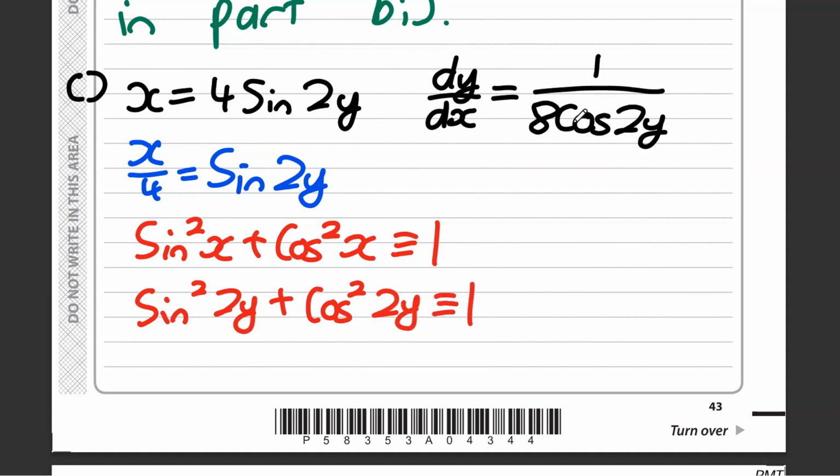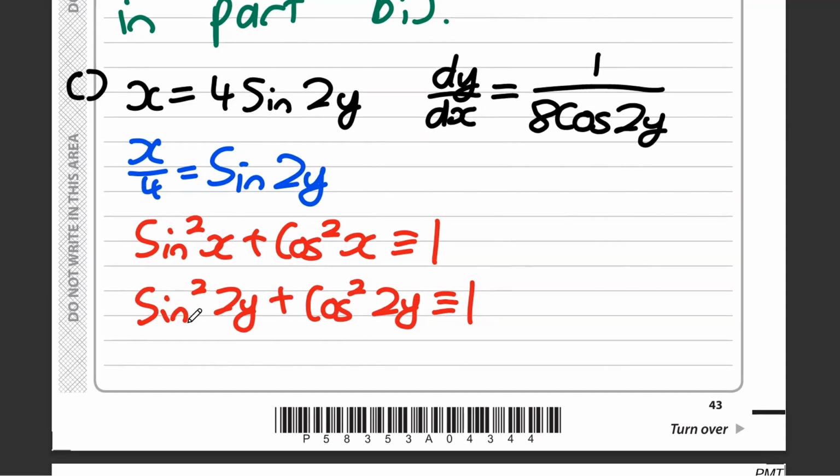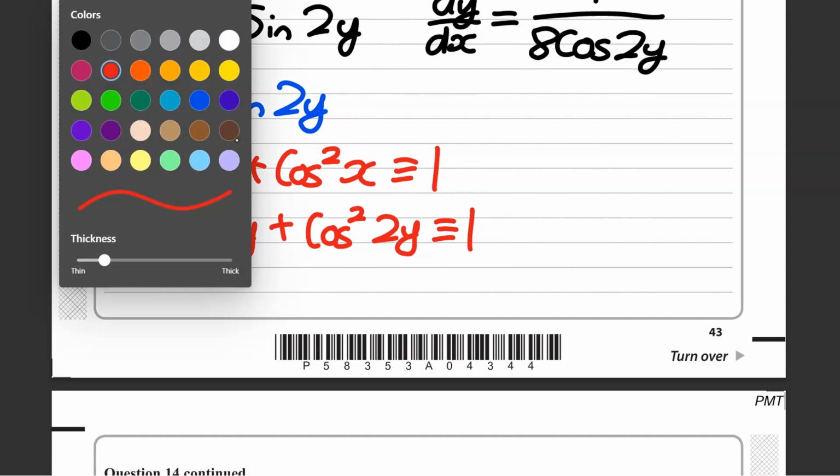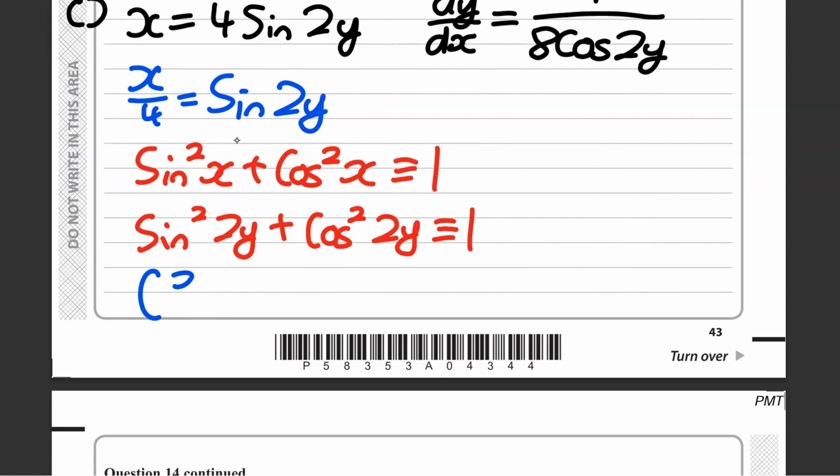Now we want to sub out this cos 2y for x terms, and we know that sin 2y is equal to x over 4, so we can rewrite this equation. Rather than having this sin 2y, we can sub in this x over 4, so it's going to be (x over 4) squared plus cos squared of 2y is equal to 1.